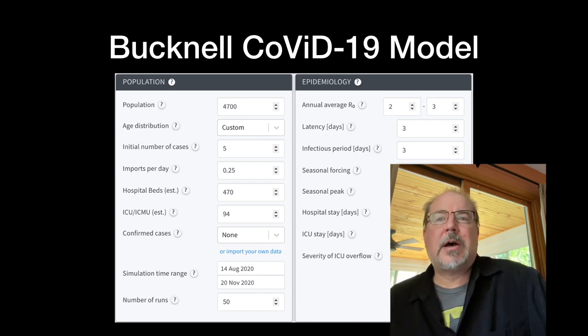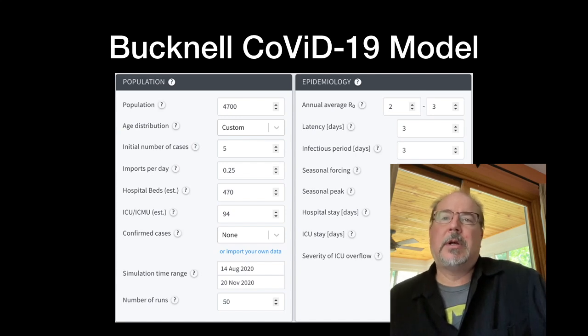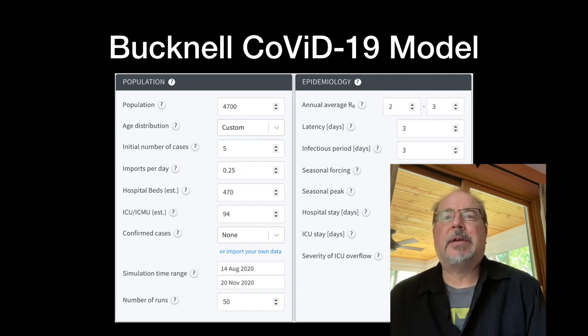And then we also have a model where we're importing cases onto campus 1 every 4 days on average. This is probably also realistic given the exposure of the community, people who might travel outside of the area. And so we have to include that in our model.